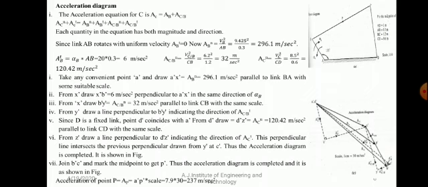From X, draw X dash B dash, 6 meter per second square, nothing but it is a_TB. From the x we can draw a_TB. Therefore, we will get a point B dash there. Now join A to B dash, this will give the a_B value.